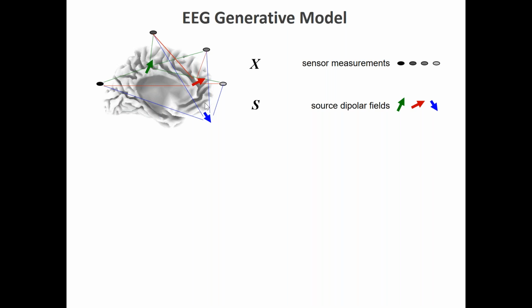So in the brain, there are some generators, which are some dipoles, which physiologically are part of the cortex of the brain, and those electrical dipoles emit some signal, and on the electrodes you actually measure a mixture of all those signals, which is represented here.